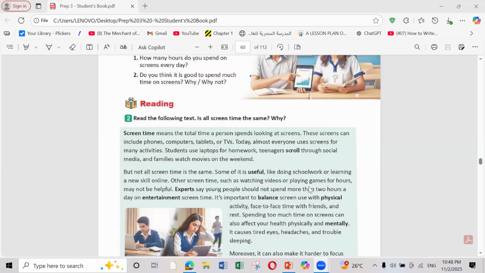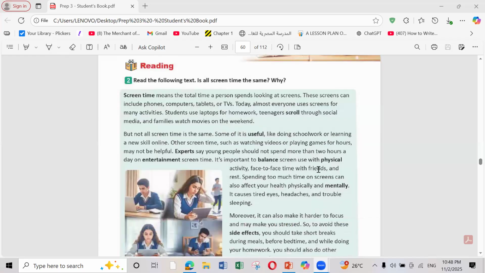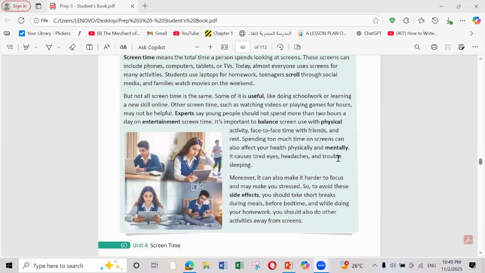It causes tired eyes, headaches, and trouble sleeping. Moreover, it can also make it harder to focus and may make you stressed. So, to avoid these side effects, you should take short breaks during meals, before bedtime, and while doing your homework.